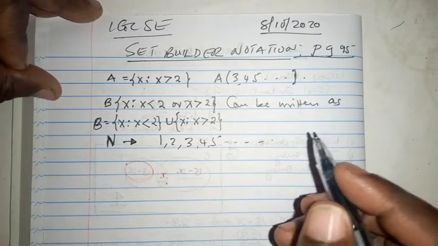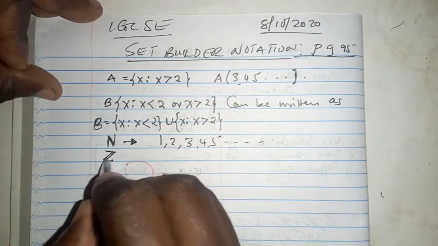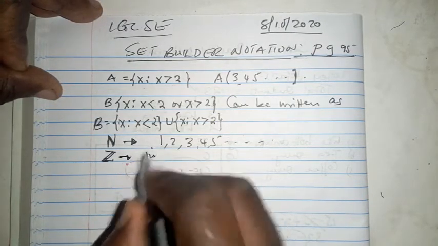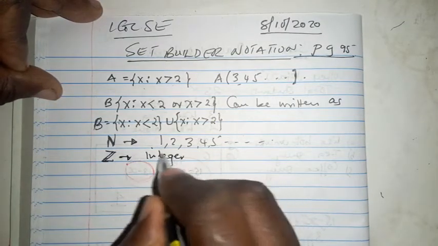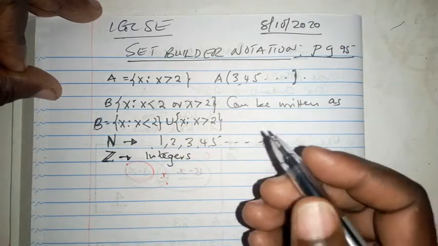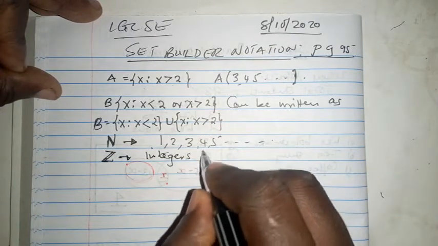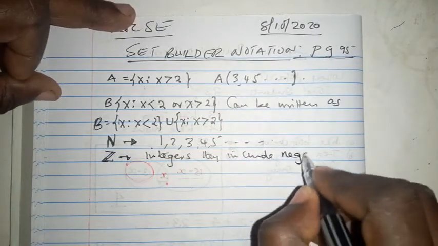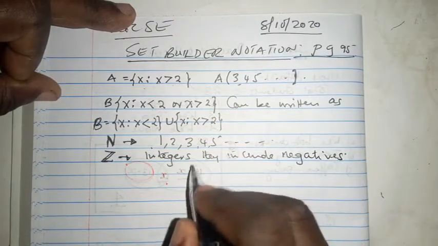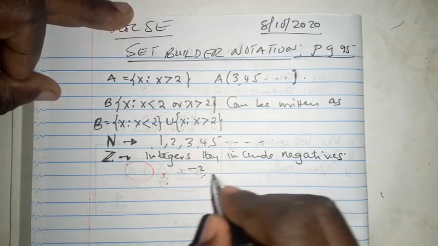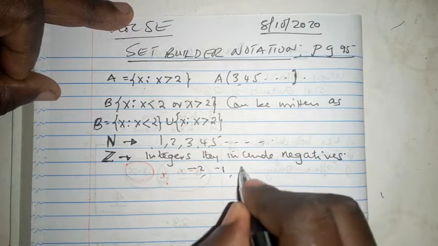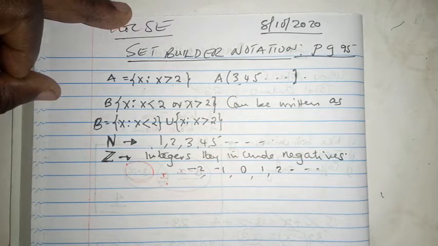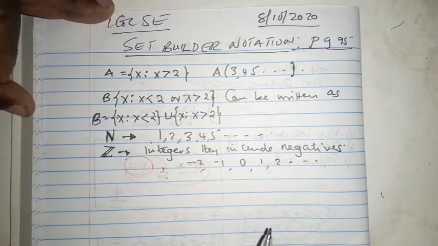Then we have integers, denoted by capital Z. Integers include negatives, so we have -2, -1, 0, 1, 2, moving forward.